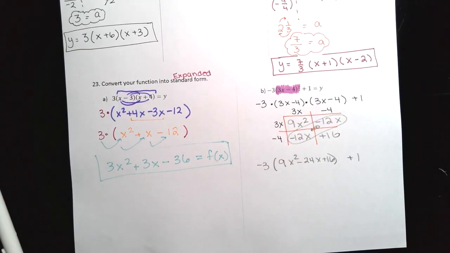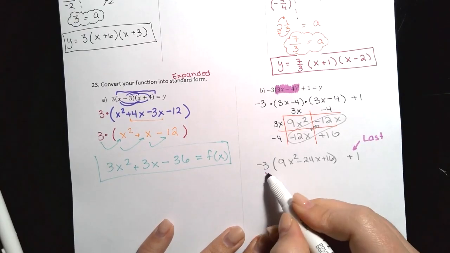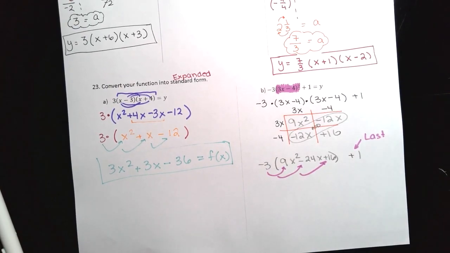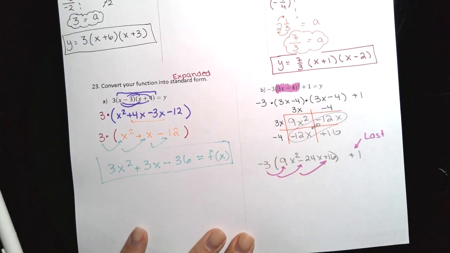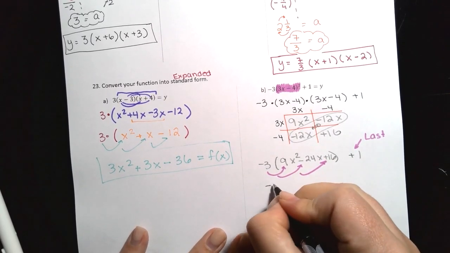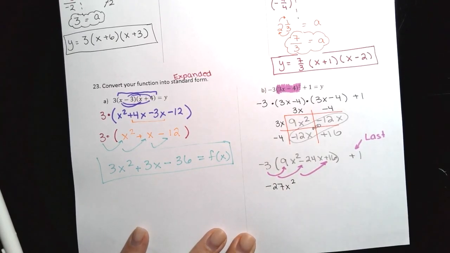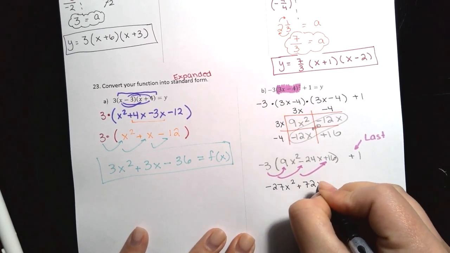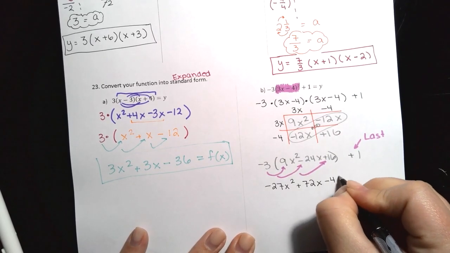This right here, this plus 1 needs to go last. So we need to distribute that -3 inward. And then the very last thing we're going to do is add that 1. So 9 times -3, I get -27x squared. -24 times a -3, I get a positive 72x. 16 times -3, I get a -48.